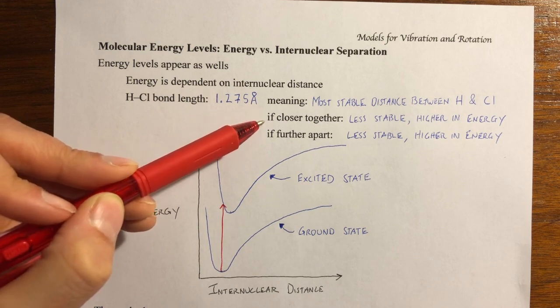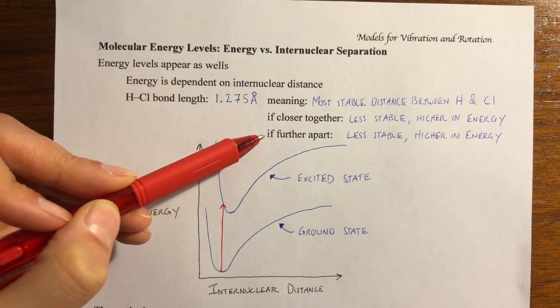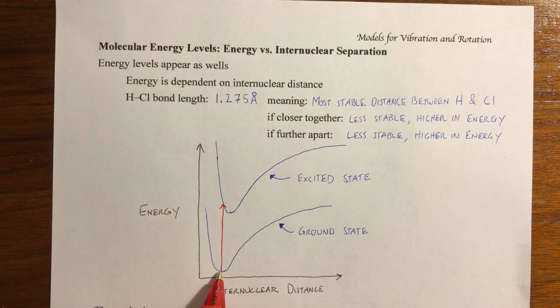If hydrogen and chlorine were closer together, it would be less stable and higher in energy. If they were further apart, they would also be less stable and higher in energy. So if we take a look at the ground state, at the bottom of this well, that internuclear distance would correspond with 1.275 angstroms, right here.